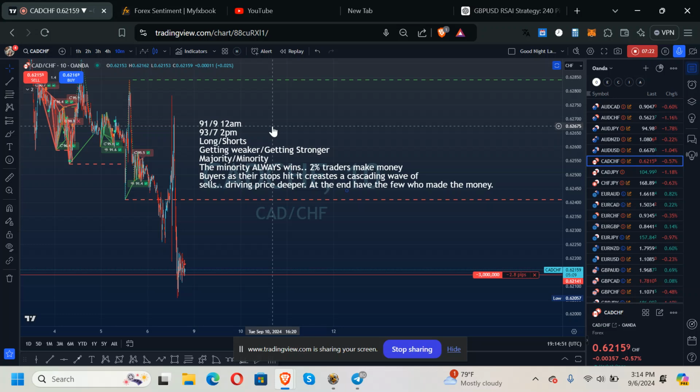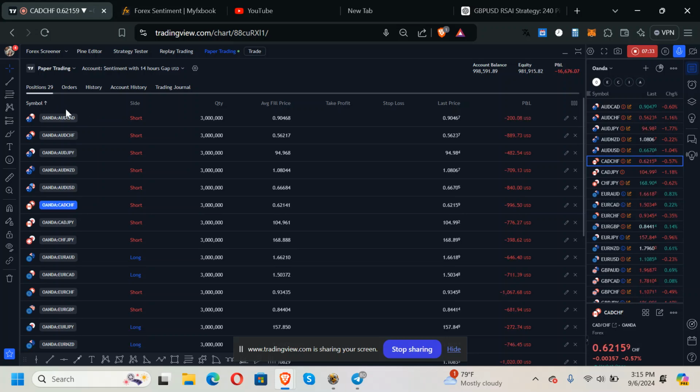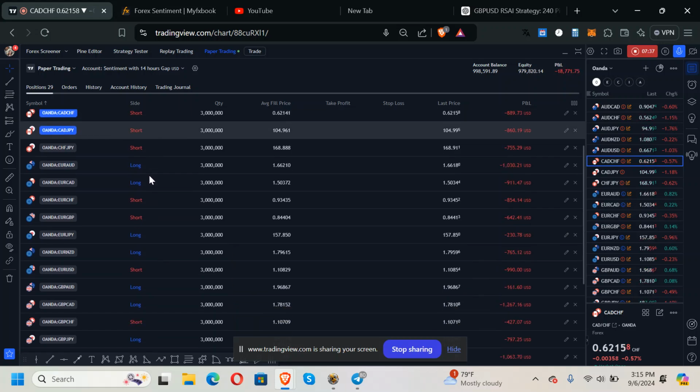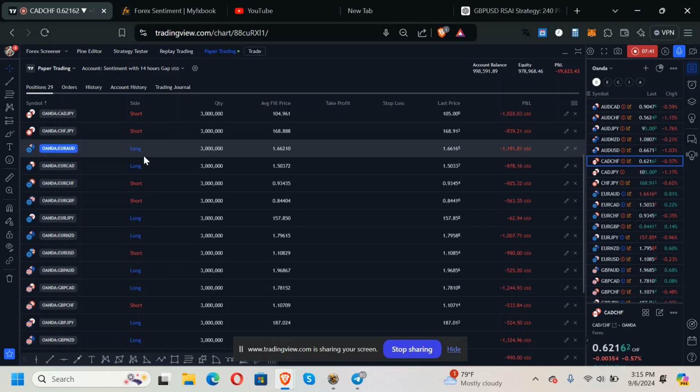But the trades are in now. Here's the list. Let's see if I can put it in alphabetical order by symbol. There we go. You can see what's short. You can pause the screen and put them in if you want. You have to put all of them in, or else it's not going to work out.